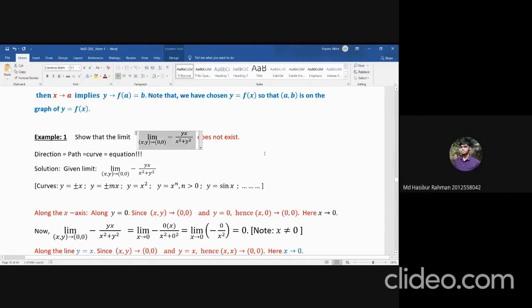Yes. So now remember, direction means path means curve means equations. Okay, so let's start the solution.